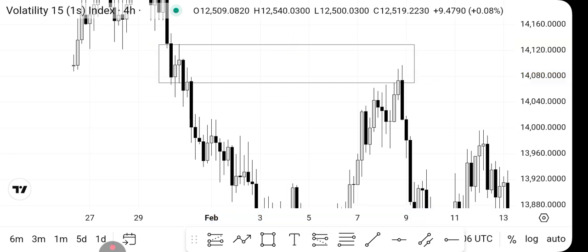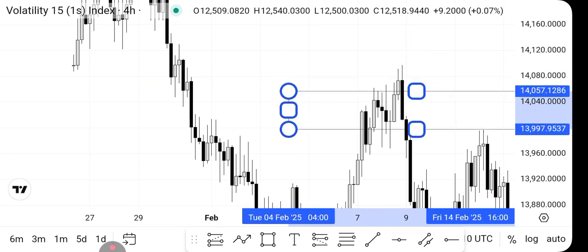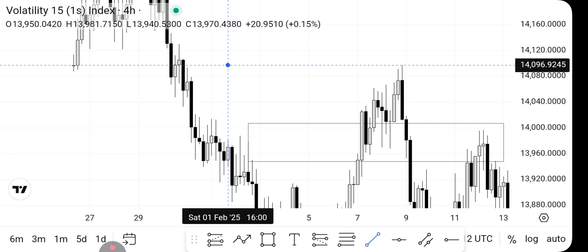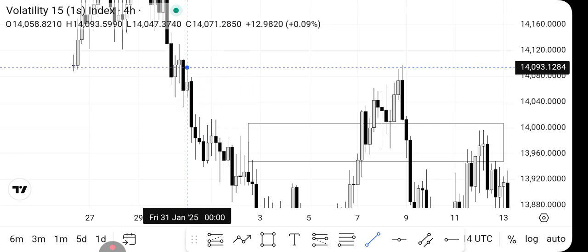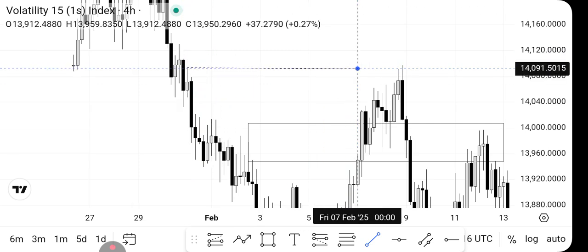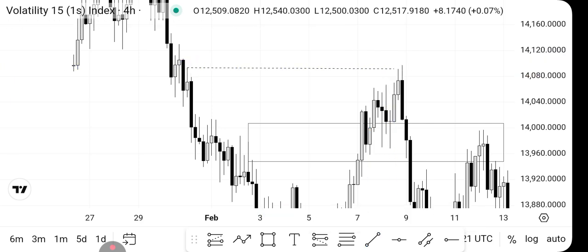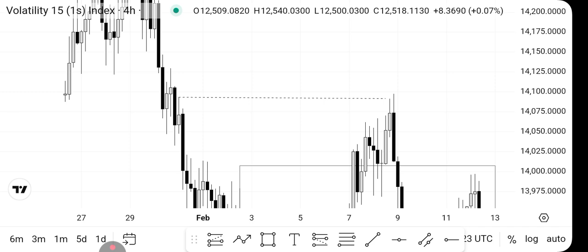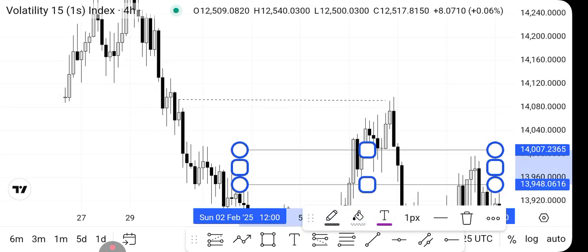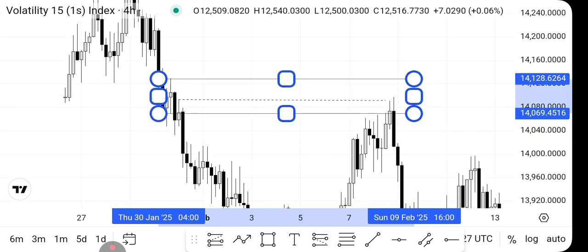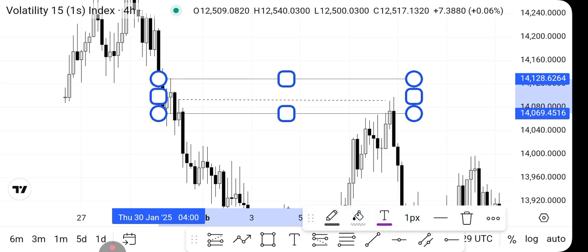So how to pick another block? Let me just start from there. A valid order block should have an inducement, and this is what you have here. So if you have that, just mark the whole of everything, the wick plus the body.